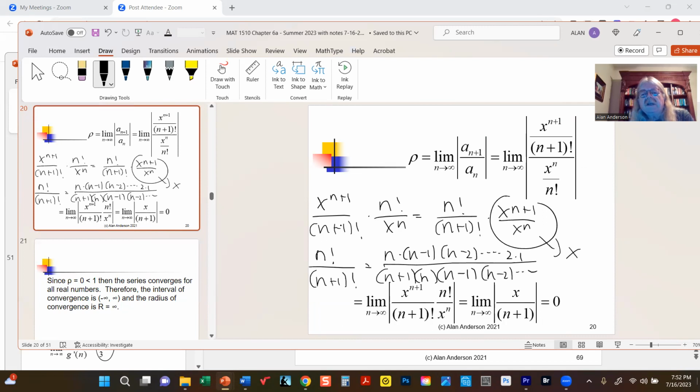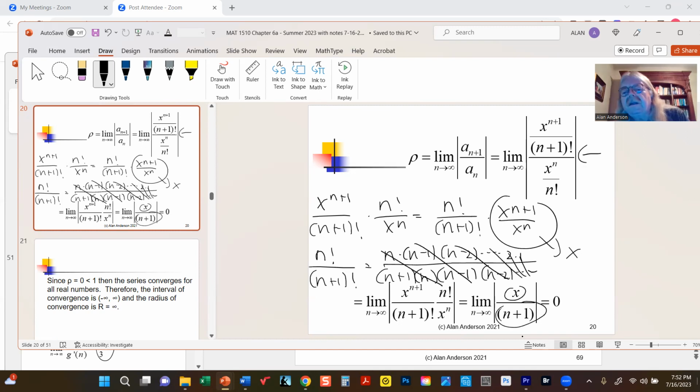So all these terms will cancel out, and you'll end up with 1 over n plus 1. So this ratio that we constructed here is the same thing as x over n plus 1.